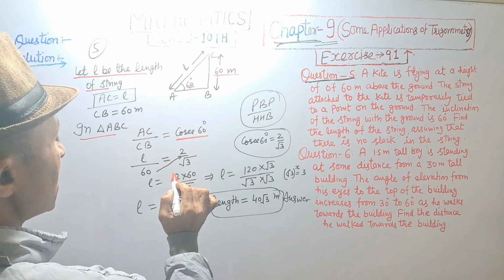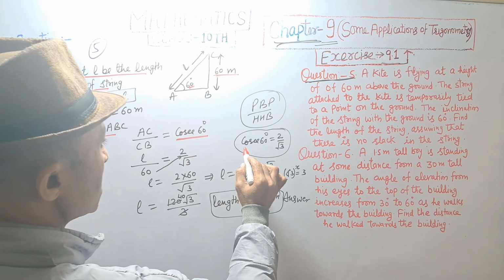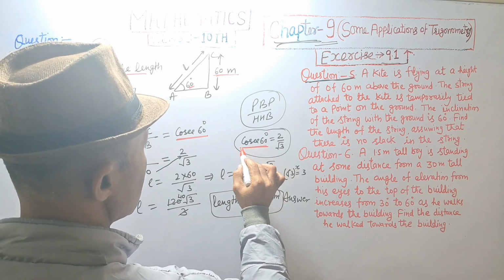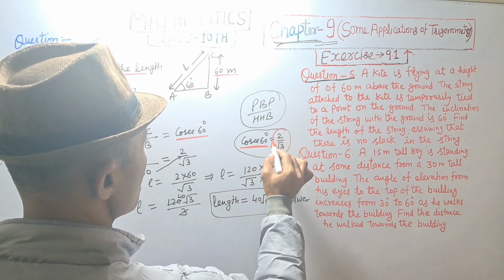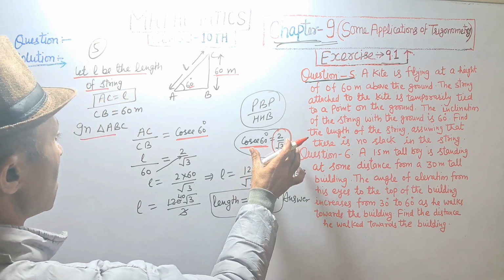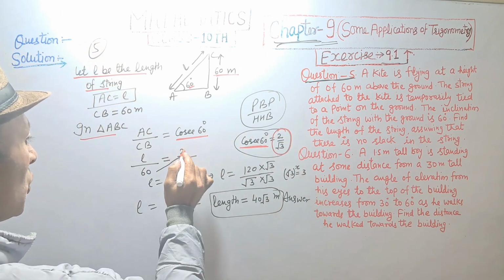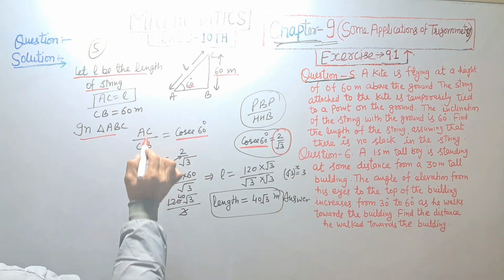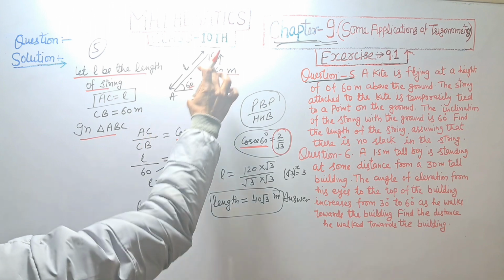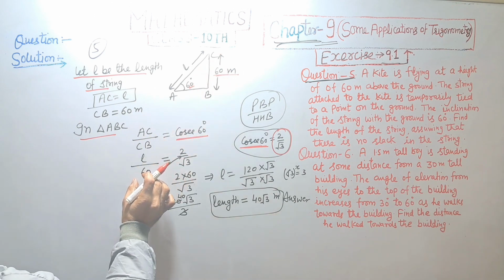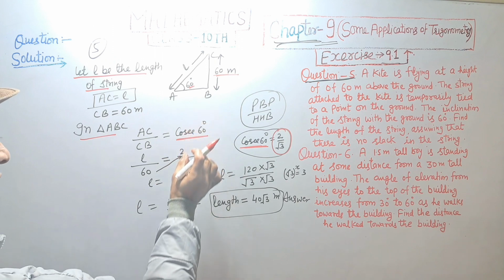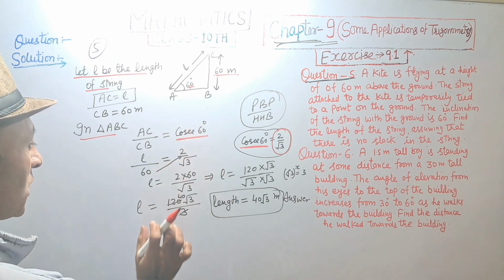Angle is 60 degrees. As we know, the value of cosecant 60 degrees is equal to 2 upon root 3, and putting this, AC is L, L upon CB, which is 60 meters, is equal to cosecant 60 equal to 2 upon root 3.